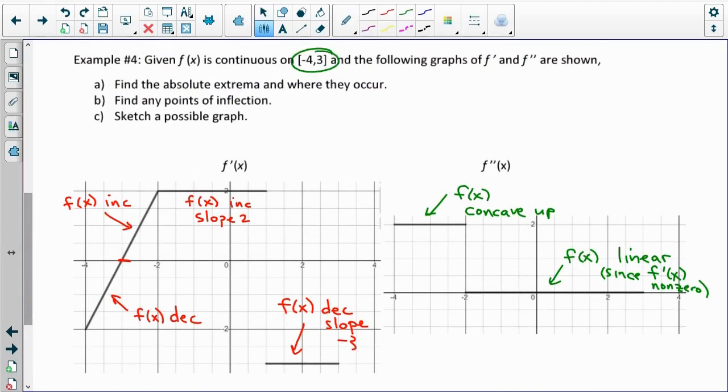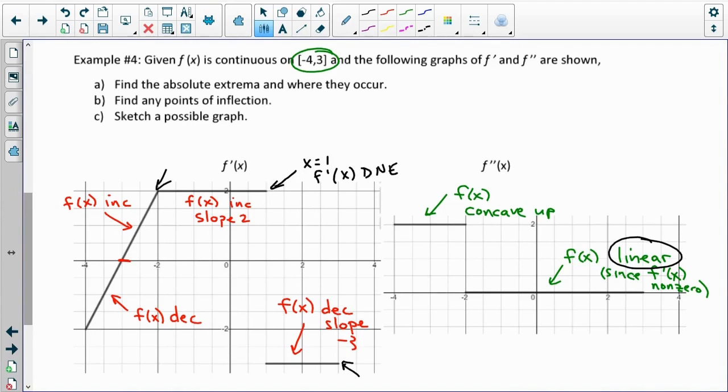Then if I look at f double prime, it's concave up from -4 to -2 and linear from -2 until 3. And I know it's linear and not constant because f prime is non-zero from here until here. And so since f prime is non-zero, I do have a does not exist f prime at x equals 1.